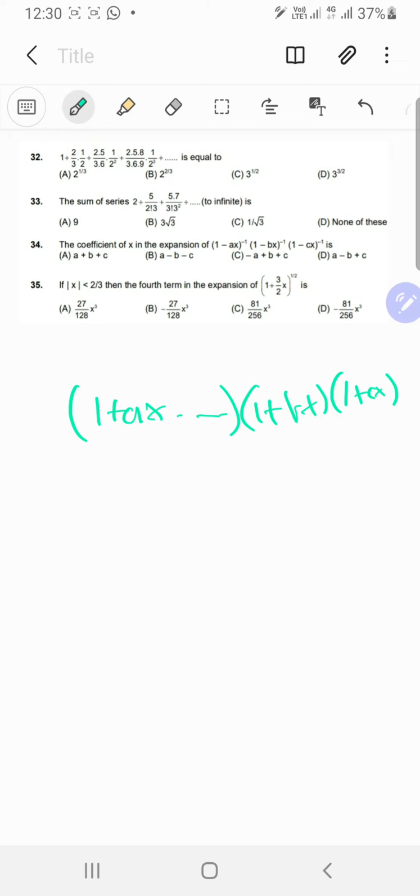So we don't want any of that because that will never give us an x. It will also give x squared, x cubed, and so on when multiplied by other terms. So cool. So what's this going to be? It's going to be 1 plus (a plus b plus c) into x plus some other stuff which we don't want. So the coefficient of x in the expansion of this thing is going to be a plus b plus c. So yeah, this was easy.